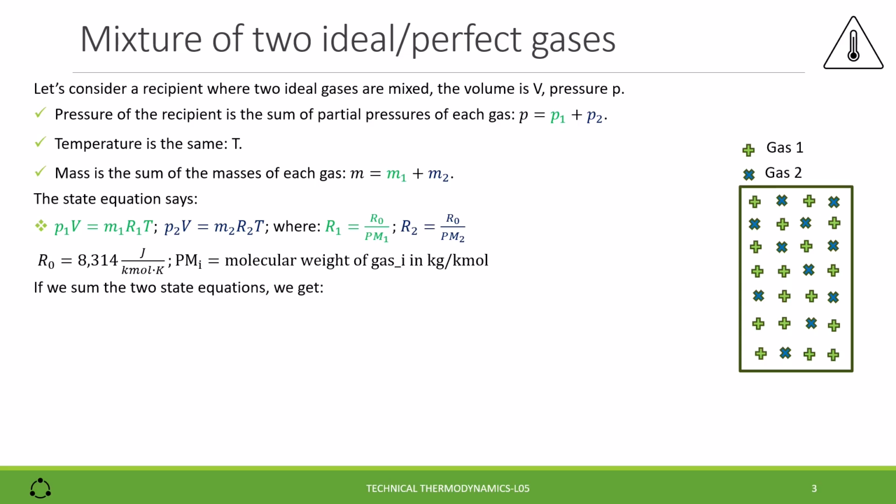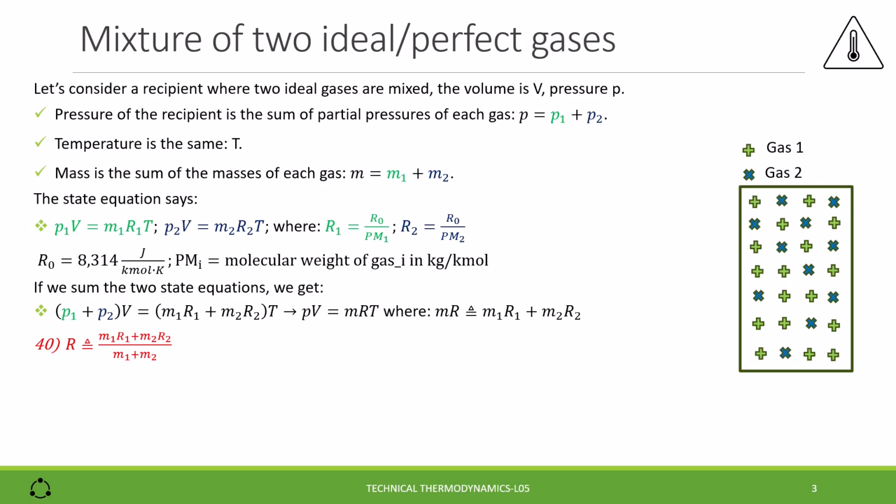If we sum the two state equations, we get (P1 plus P2) times V equals (m1 R1 plus m2 R2) times temperature. Therefore, P V equals m R T, where m R is by definition the sum of m1 R1 and m2 R2, and we can find the formula 40 to define the constant of the mixture in case of two substances.